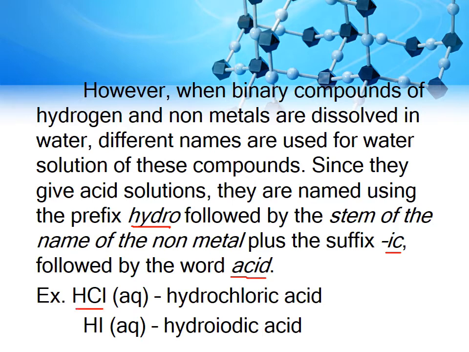For example, for this compound HCl in aqueous form or in aqueous solution, we will be giving its name using the prefix hydro plus the stem of the name of the nonmetal, which is chlor, and we will add the suffix "ic", and the word acid is also added.